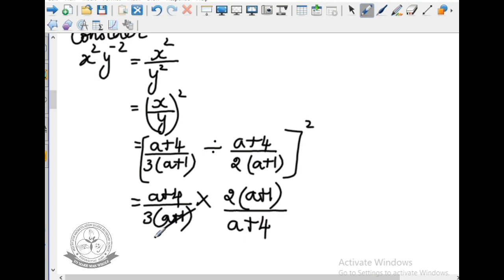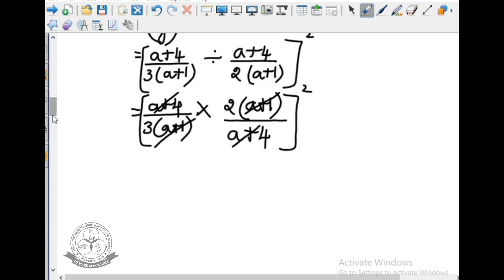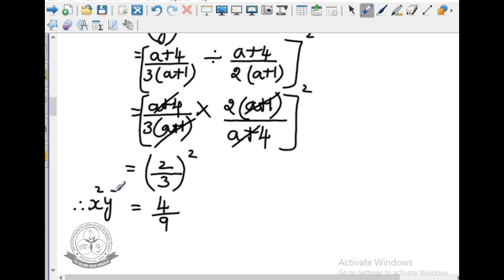A plus 1 gets cancelled, a plus 4 gets cancelled, whole squared. That is equal to, the remaining term in the numerator is 2, in the denominator the remaining term is 3. So 2 by 3 whole squared. This can be written as 4 by 9. 2 squared will be 4, 3 squared will be 9. Therefore, x squared y power minus 2 is equal to this. This is the answer.